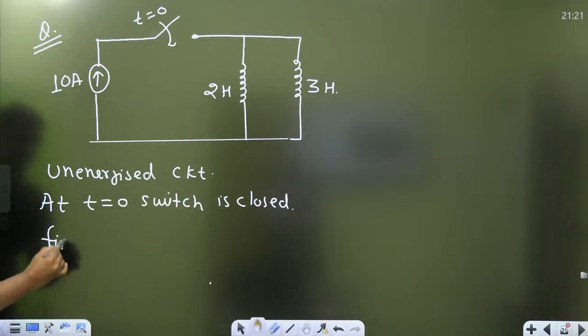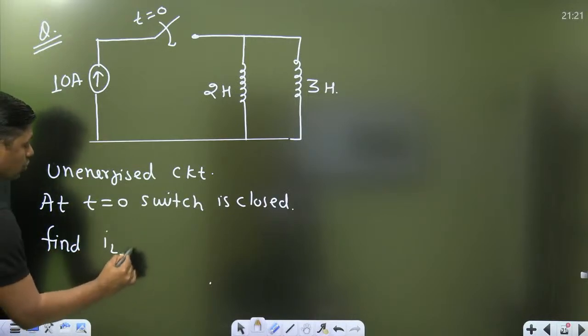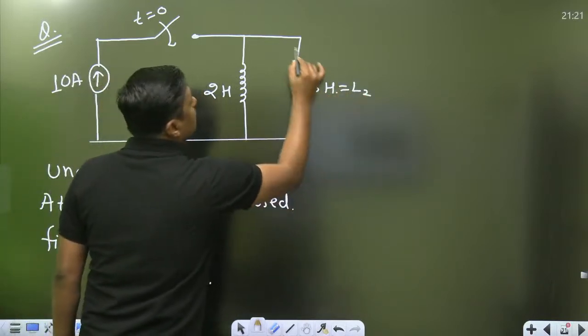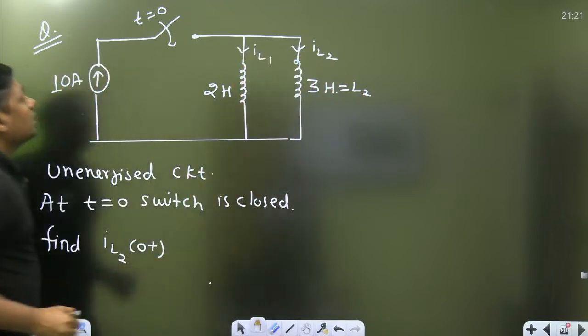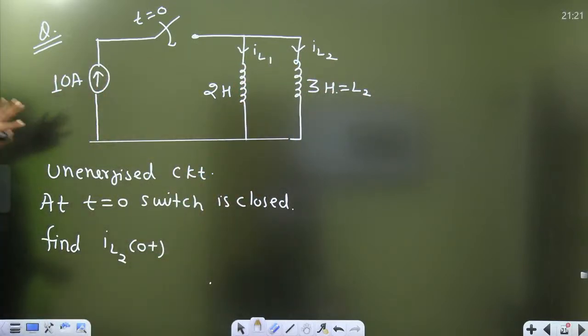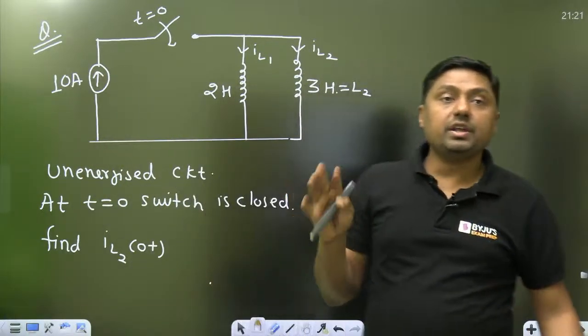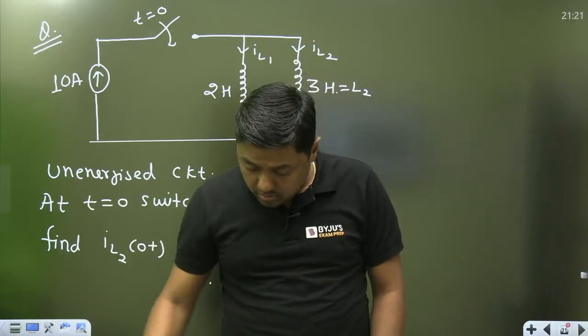Find IL2 at 0 plus. This is L2, and this is IL2. This is IL1, and that is the 10 ampere current source. But initially there is no current. Yes, tell me what will be the answer.